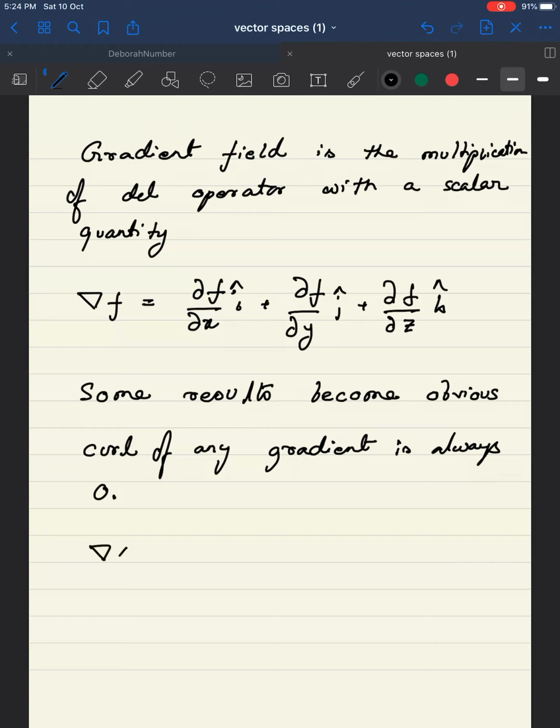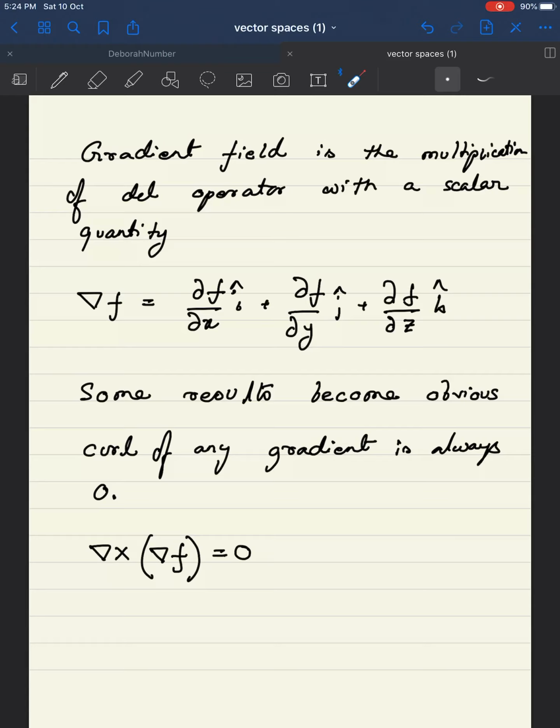So if I do this particular operation, this is always going to be equal to 0, because I am cross producting a vector with itself. The scalar quantity can just be thought of as a multiplying factor. So then this will be 0. I encourage you to please go ahead and do this yourself algebraically and prove it.